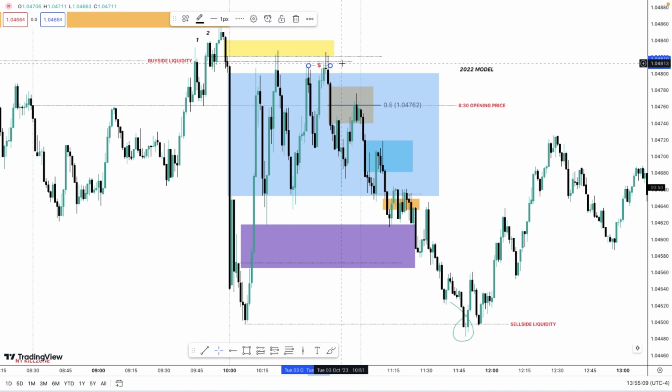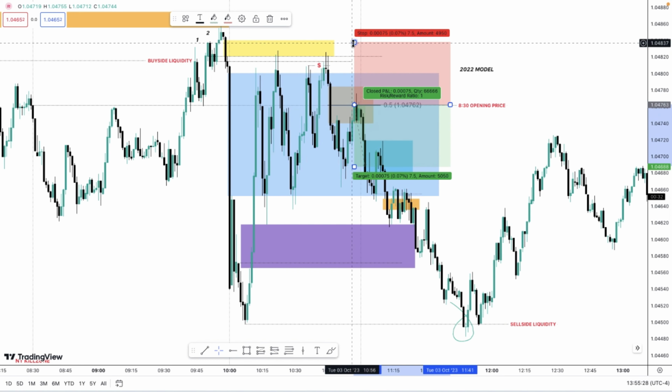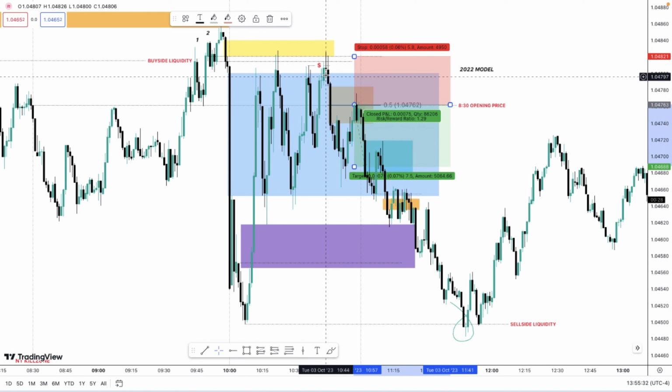So we can see buy side liquidity being collected there. Swing low, price trades below the swing low, fair value gap, price trades perfectly to the consequent encroachment of the fair value gap. You could sell that for your 2022 model sell. Stop loss. Remember this candle, this fair value gap.